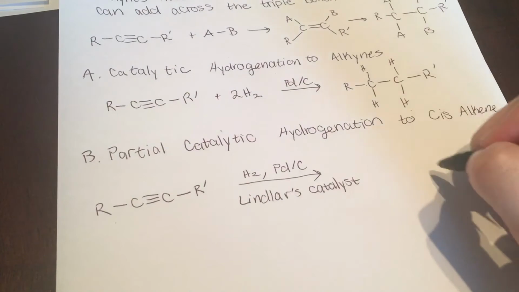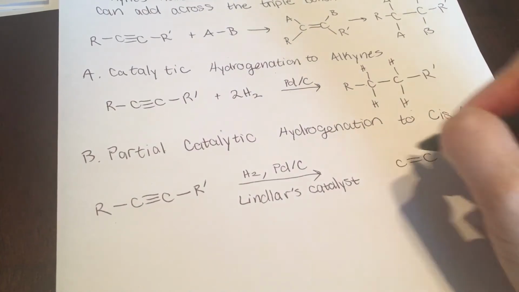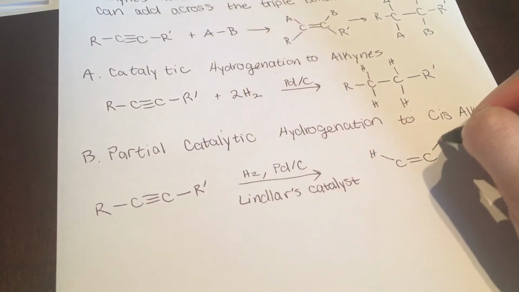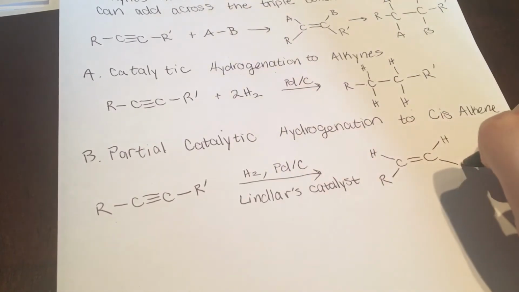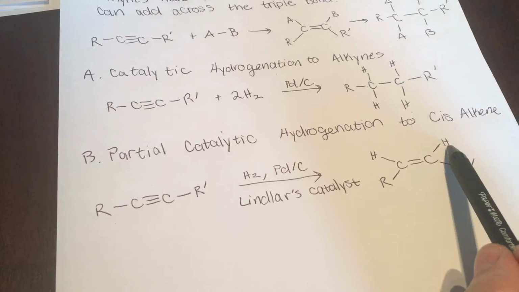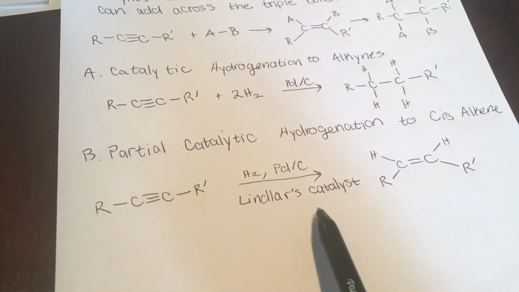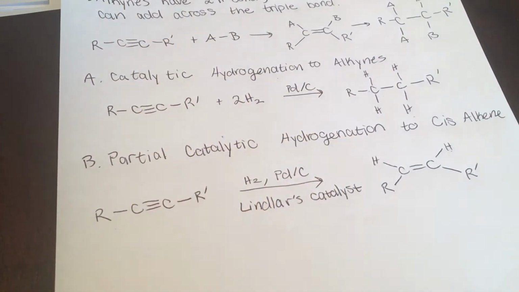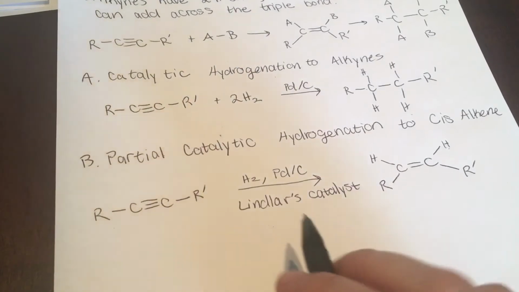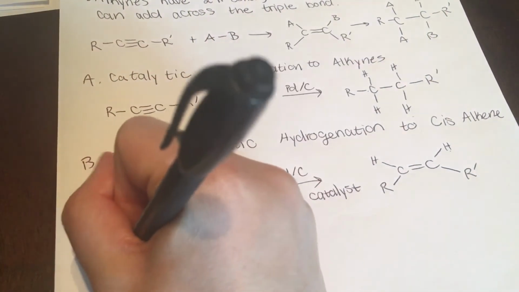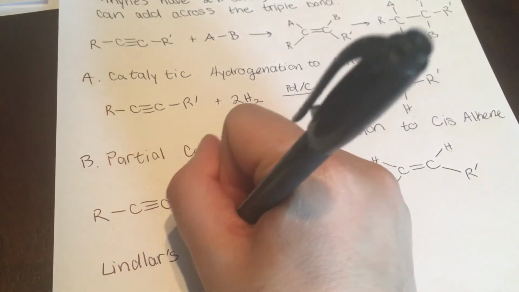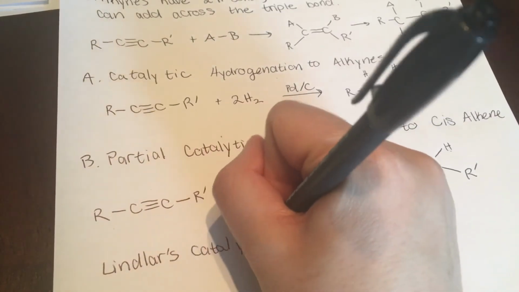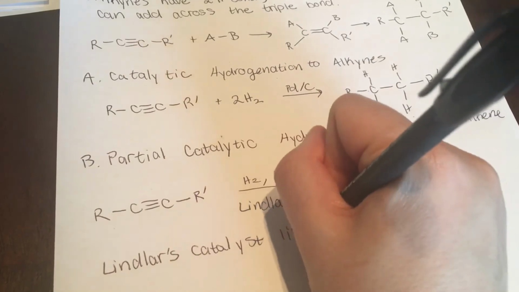And so you're going to get a cis double bond as your final product. So cis, same side. You have your two hydrogens that just got added using the Lindlar's catalyst. So Lindlar's catalyst is like a poison.